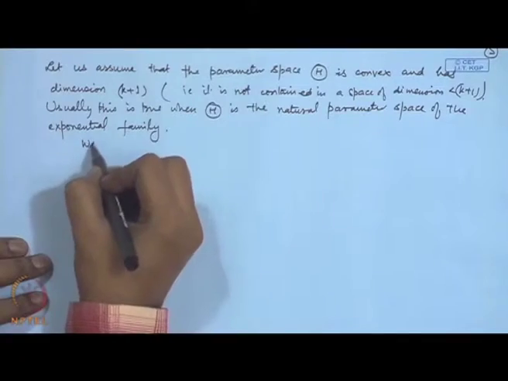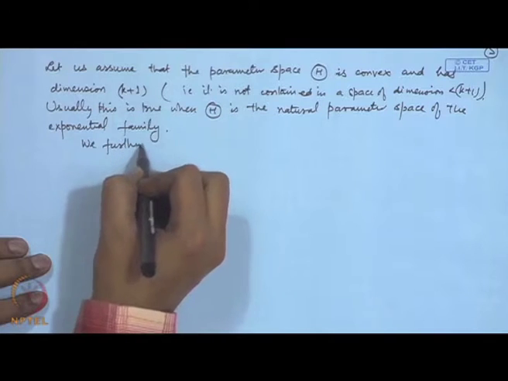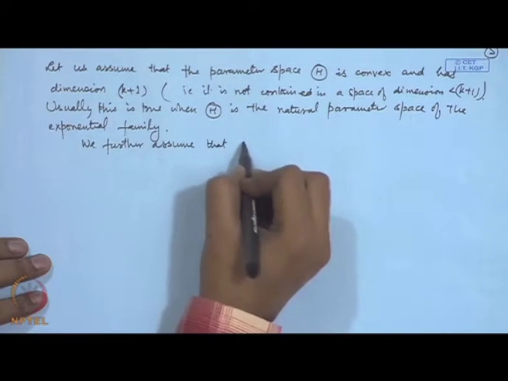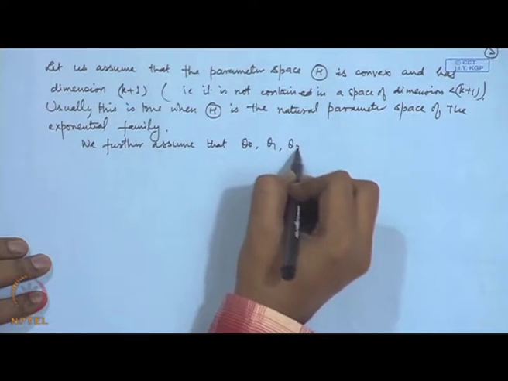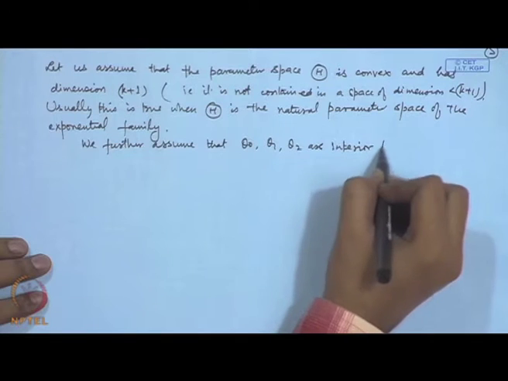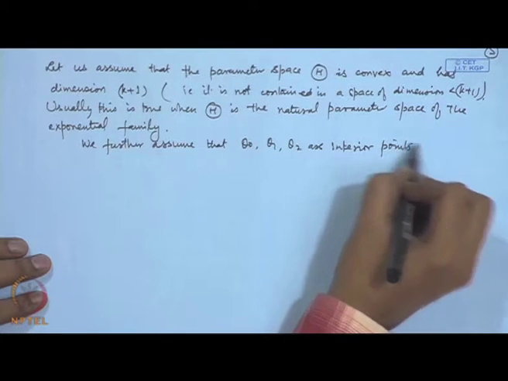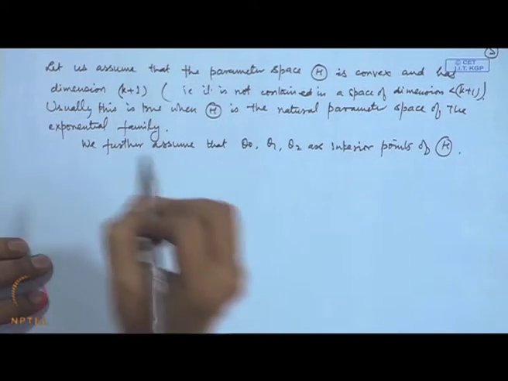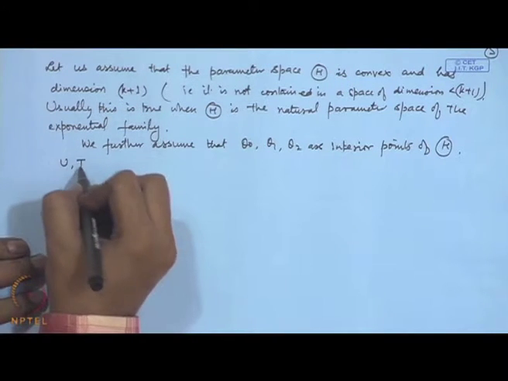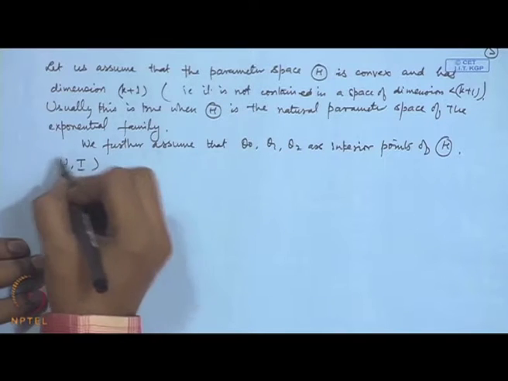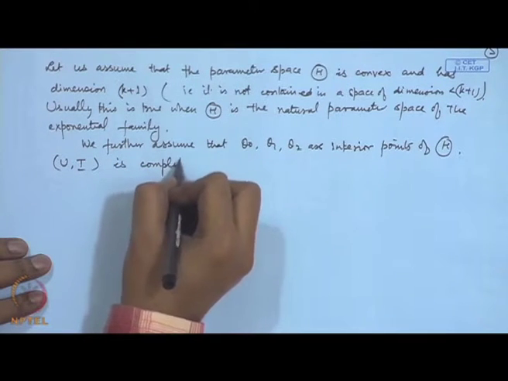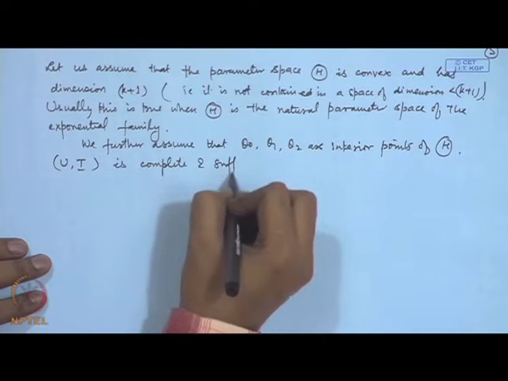So, we further assume that theta naught, theta 1, theta 2 are interior points of theta. So, U, T is complete and sufficient.